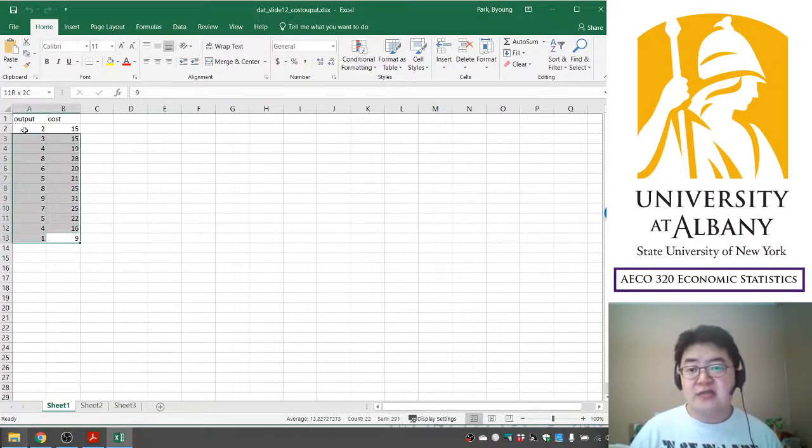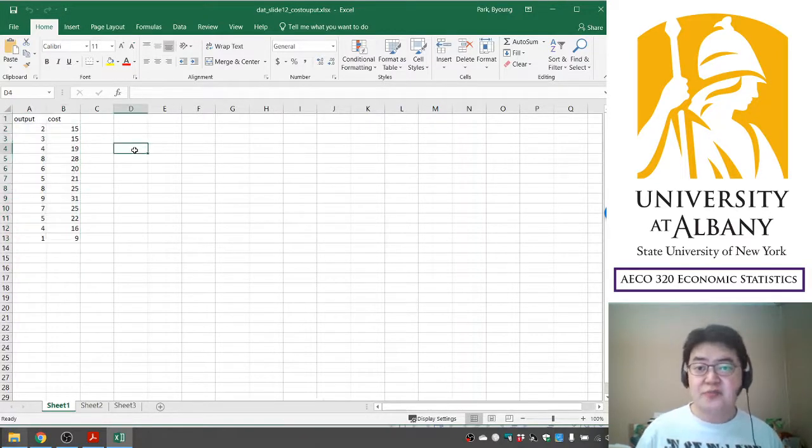This is the data, exactly the same data set I showed as an example. So in January, I produced 2 units, then it costs $15, 3 units, 15, and so there are 12 observations, 12 by 2. So 12 pairs of observations.